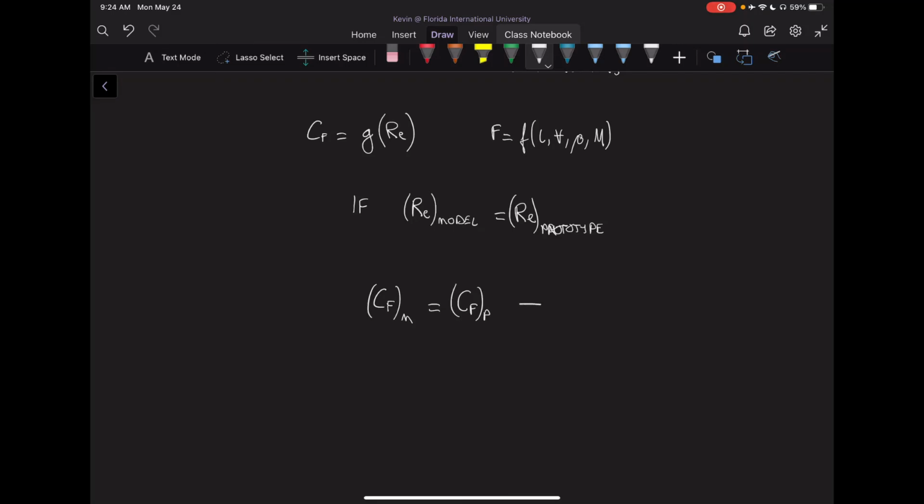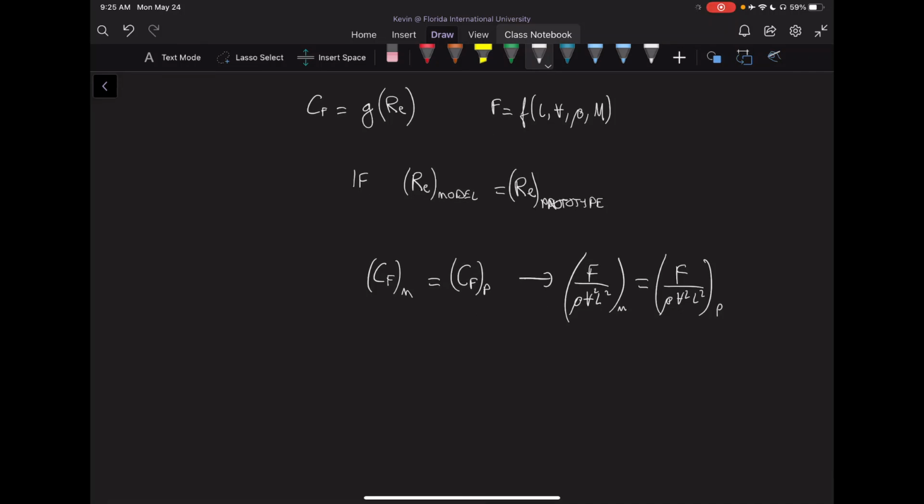And if we remember how we wrote our equation earlier, and we'll derive it later on, but for now we're just going to assume that that's the equation, we can say that F over rho V squared L squared for the model is equal to F over rho V squared L squared for the prototype.